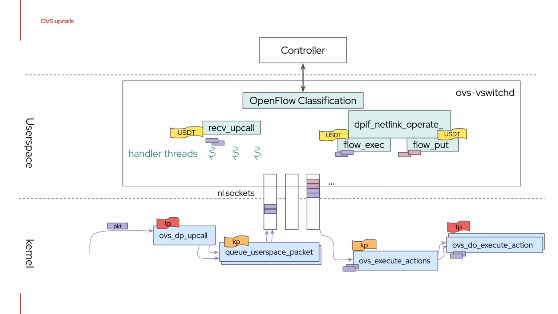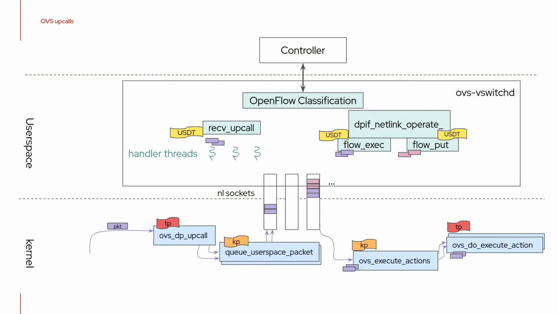These commands are enqueued back into netlink sockets. And we have a kprobe that gets called once per packet, and then multiple tracepoints are called per packet on each action that gets executed on them.